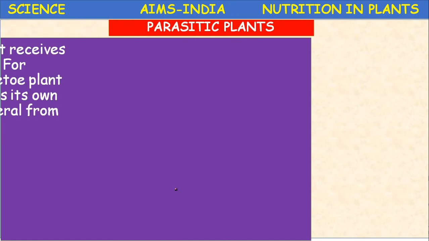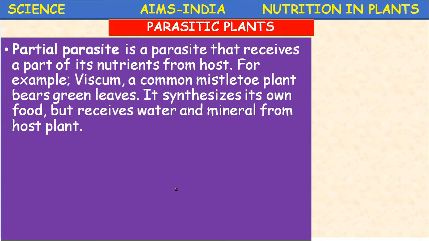Next, another parasitic plants. The parasitic plants are basically divided into total parasites and partial parasites. In the total parasites, the examples we have discussed: Cuscuta is a total stem parasite, Rafflesia is a total root parasite.